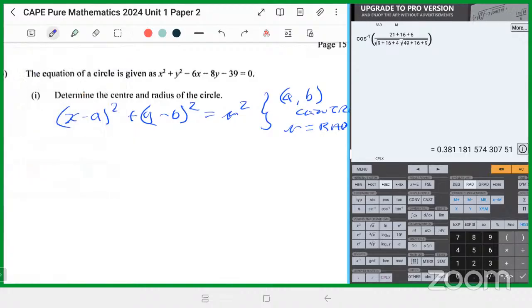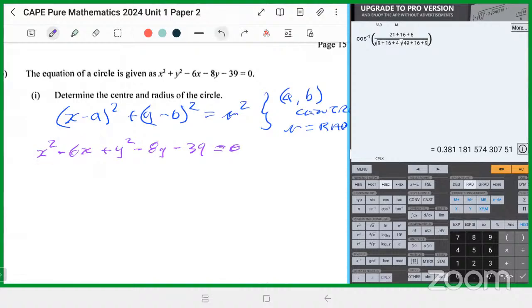I'm going to write x squared minus 6x plus y squared minus 8y minus 39 equals 0. So what I've done is place the x terms together and the y terms together so I can compute the square.